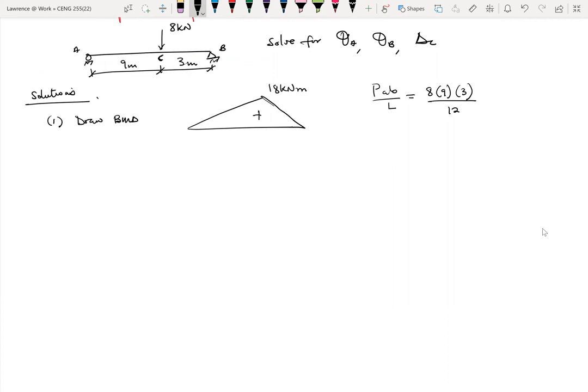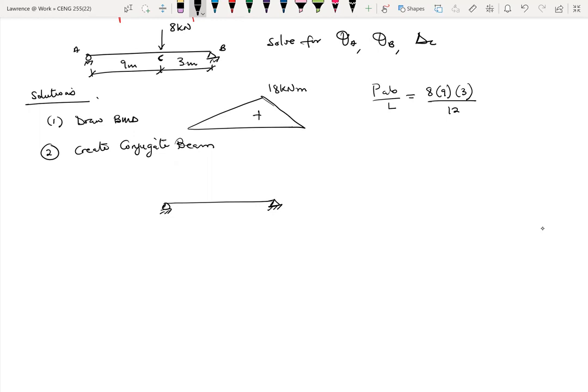Okay. Now we create our conjugate beam. So here the conjugate beam is fairly straightforward. It's the same as the original beam, so we don't really change anything. But we maintain it because whatever we have in a real beam will be the same in a conjugate beam in this case. Okay.